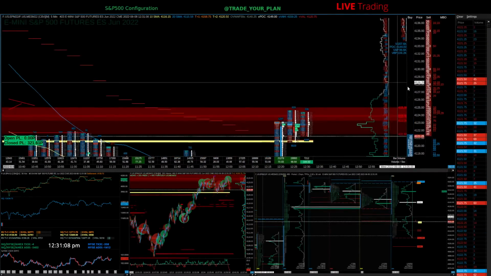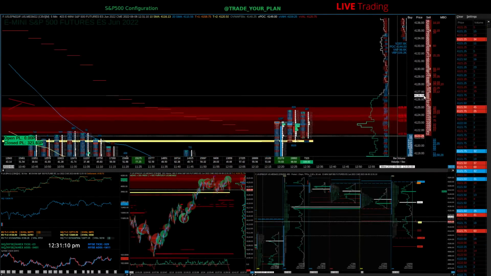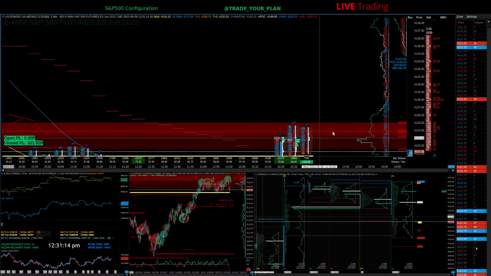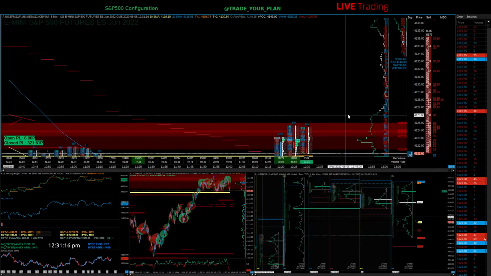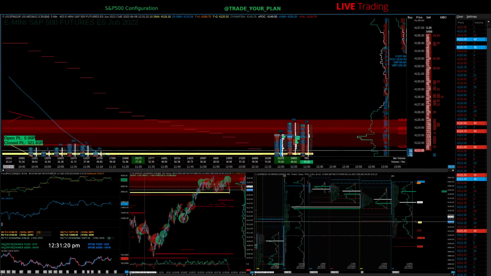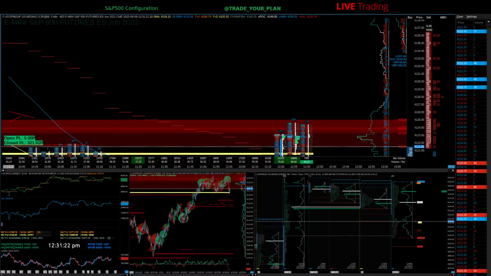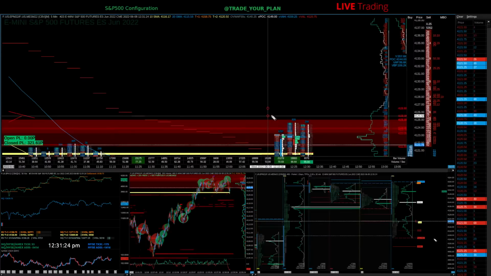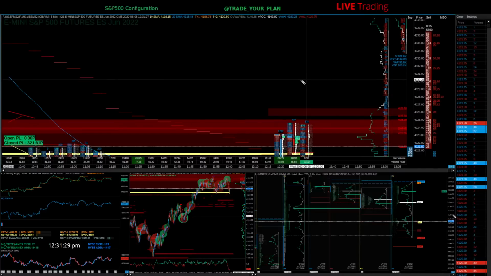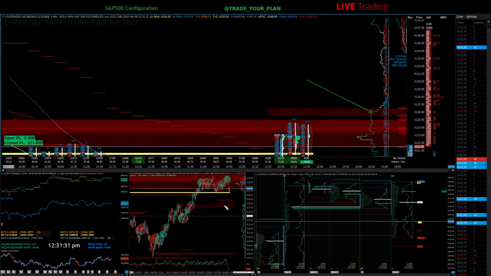So we are likely to get a flush here. Real talk, we're likely to get a flush, but through here into this zone. So I think we're going to flush, and I think we're going to go back up. That's what I think. How far we go, I don't know, but we have stops right here on this ledge, right there.